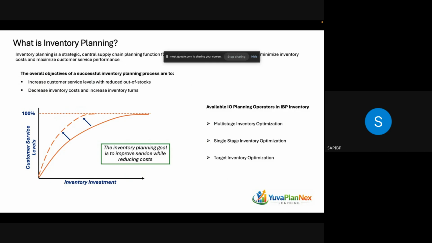Again, it has three algorithms, three operators. Those are multi-stage inventory optimization, single stage inventory optimization, and the target inventory component generation. With the help of these three algorithms, it will help you to determine your stock norms.